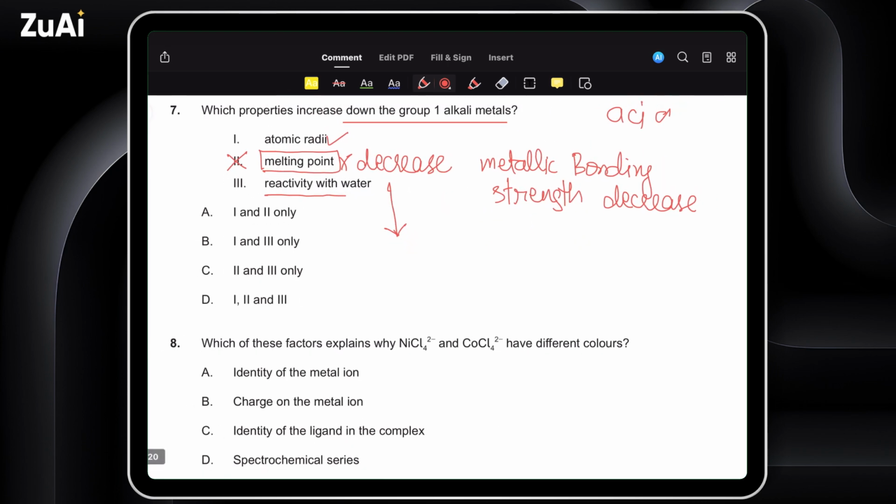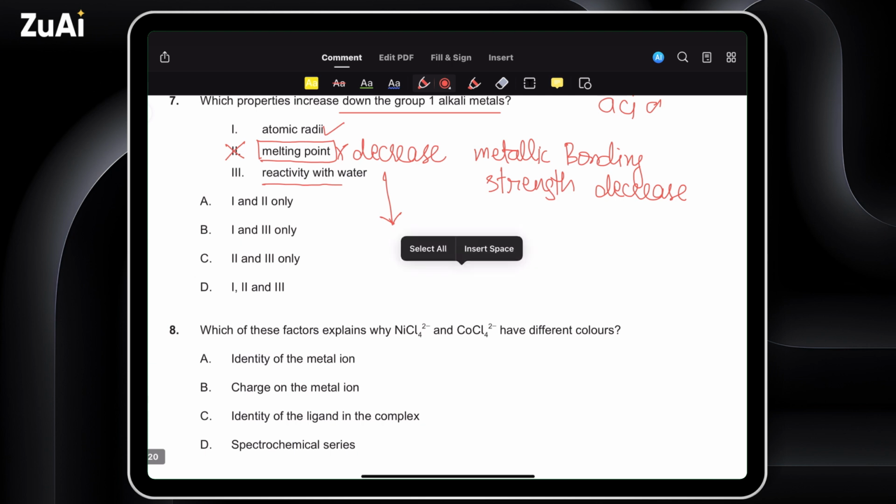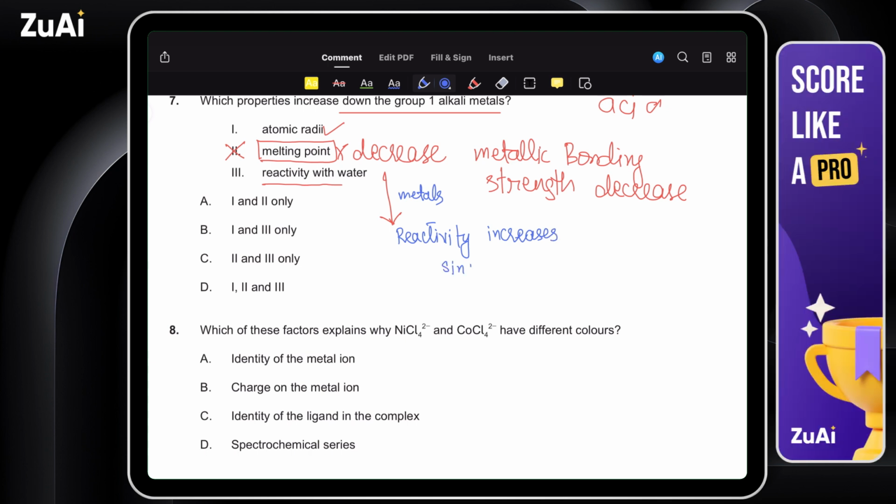So that's why we can say the reactivity is going to increase. Always remember, down the group for the metals, reactivity increases, since the outer electron is removed easily. That's why 1 and 3 is the right answer.